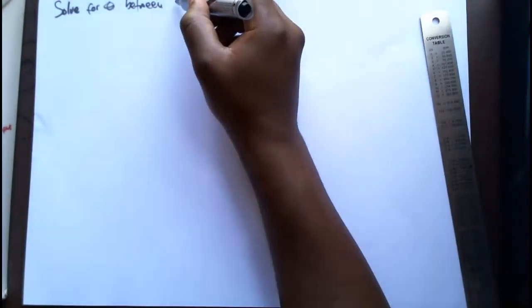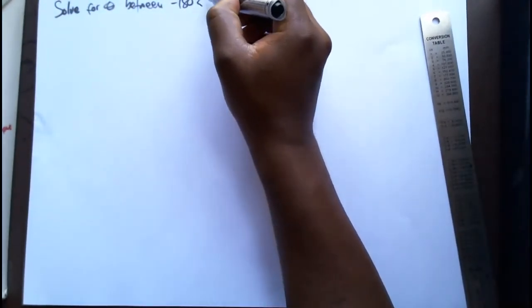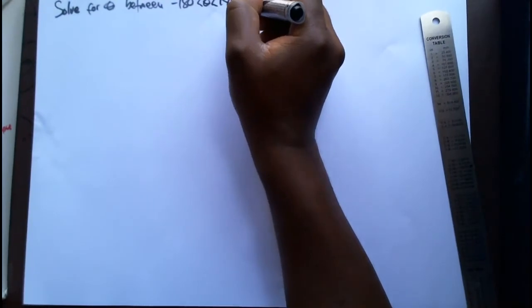I'm going to quickly write another one, and we're going to do it together again. It says solve for theta between negative 180 and 180.